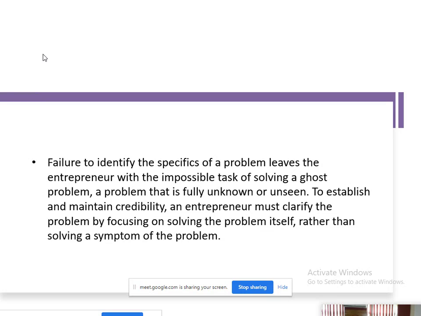So to establish and maintain credibility, an entrepreneur must clarify the problem by focusing on solving the problem itself. Okay. So you have to focus on this kind of problem so that the customer is not facing any problem with the existing product. If he is facing a problem, then the company must start with research work so that it can solve the new problem. Okay.